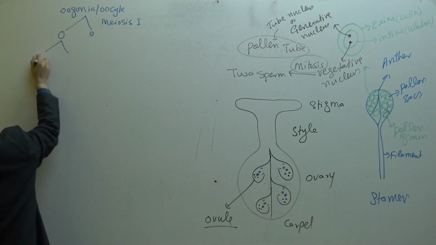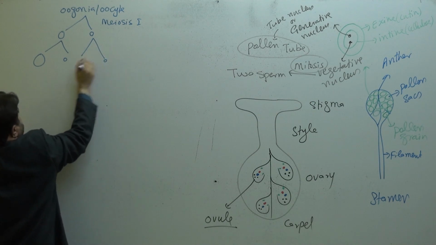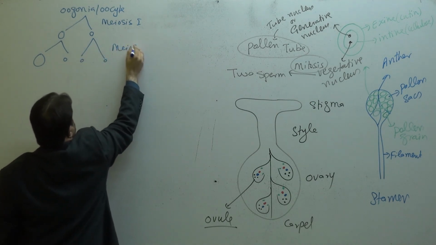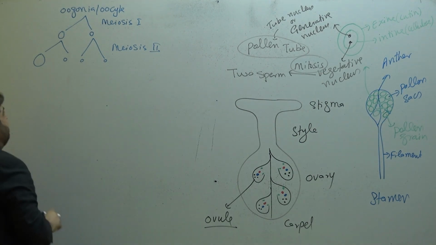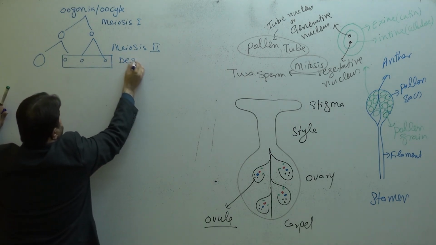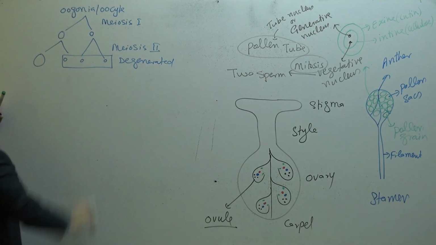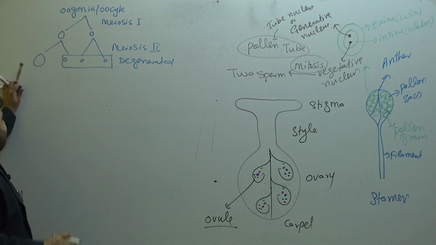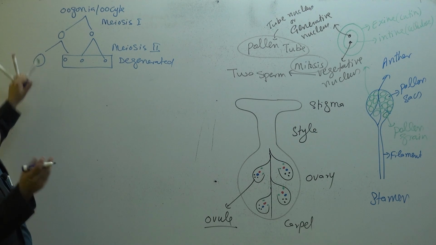Later on, it is again divided by meiosis 2, and four daughter cells are produced. Of these 4 daughter cells, 3 degenerate and only a single cell is left. In animals, this single cell gives rise to the ovum, the egg.